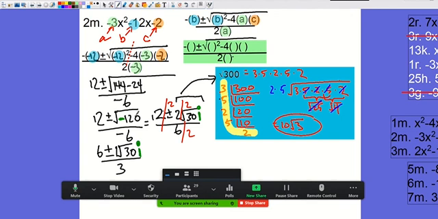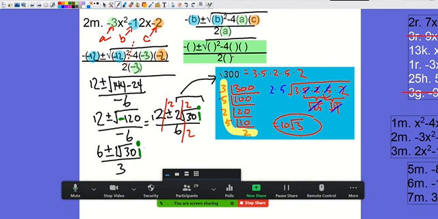Anytime you have one number inside the square root that's negative, you do everything the same way except you slap on an I right here and here.